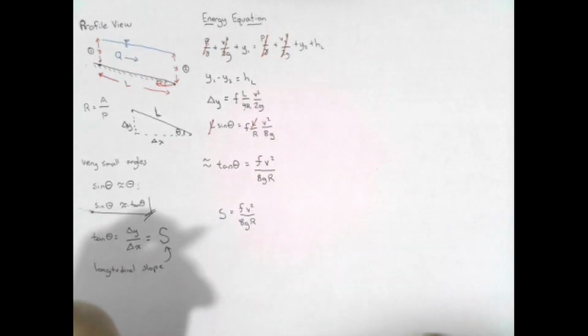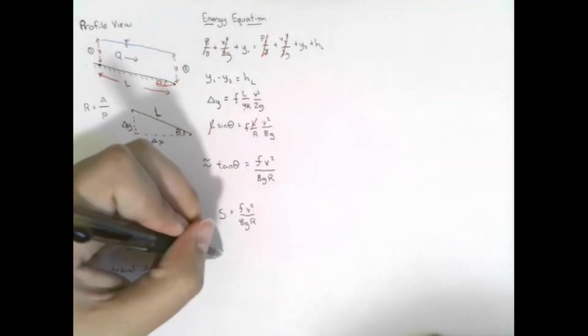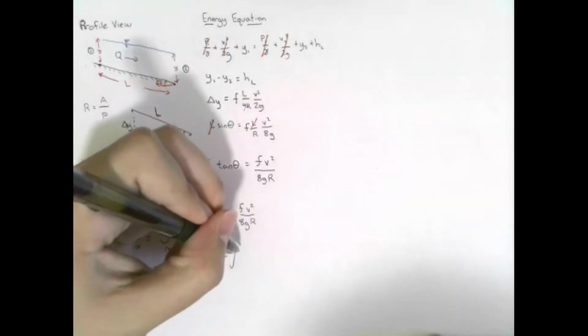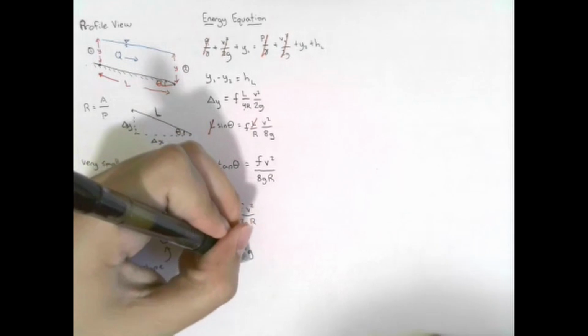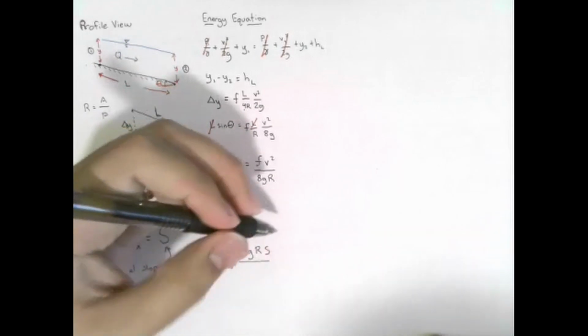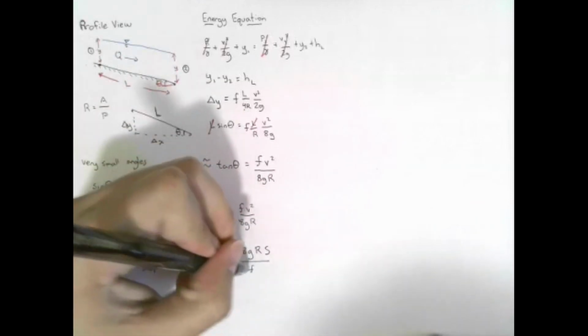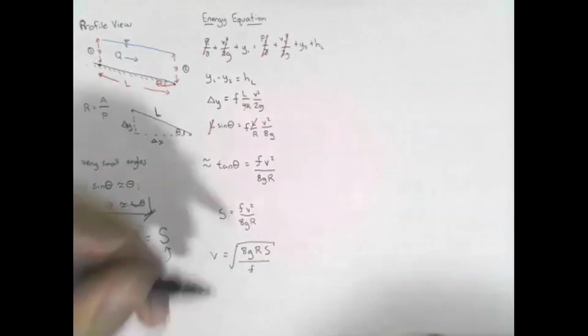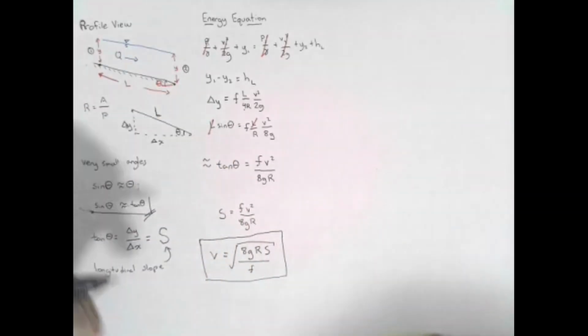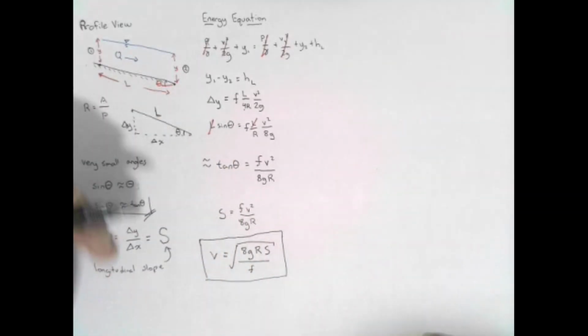And this allows me to solve for the velocity in an open channel. The velocity of an open channel will be equal to the square root of 8 times gravitational acceleration times hydraulic radius times longitudinal slope divided by the friction factor. So this is the velocity equation using the Darcy-Weisbach equation.